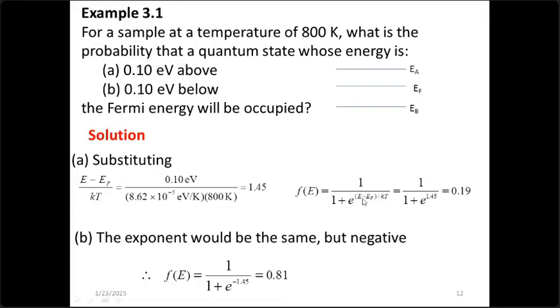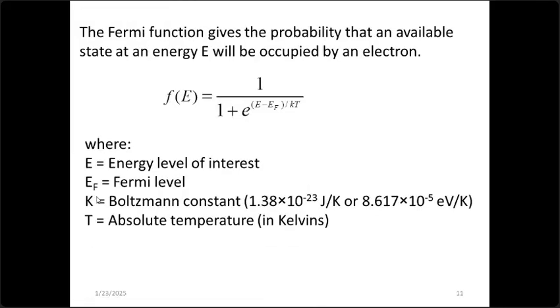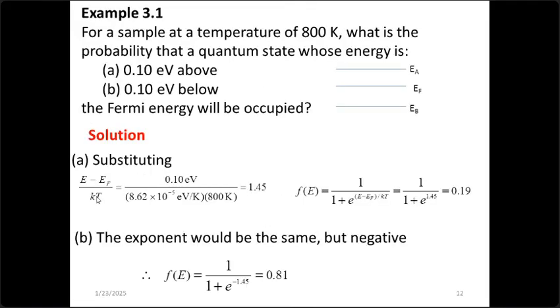Okay, if there is no question, we look at the Fermi-Dirac distribution function and ask ourselves, what are we given? First, we are given the energy difference between the Fermi level and the level where we want to determine the probability, which is the difference between E and EF.